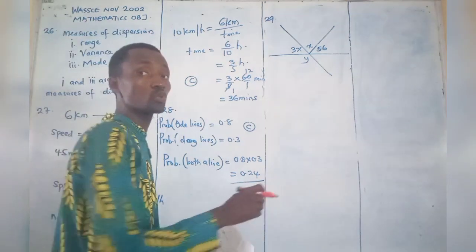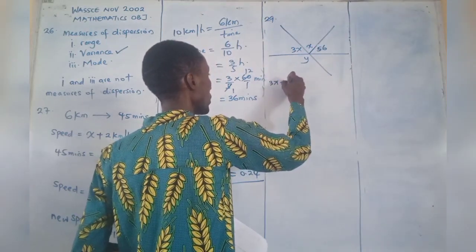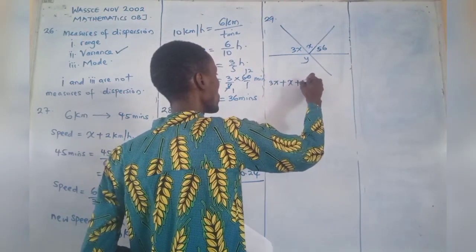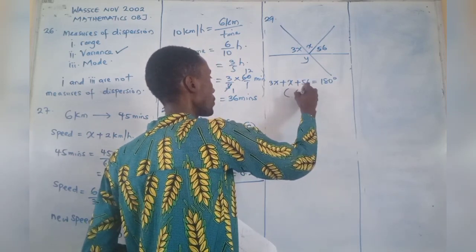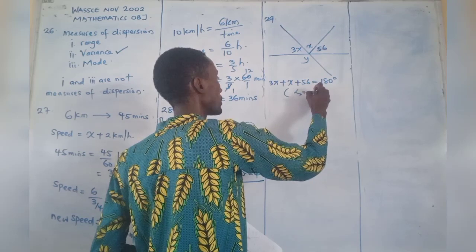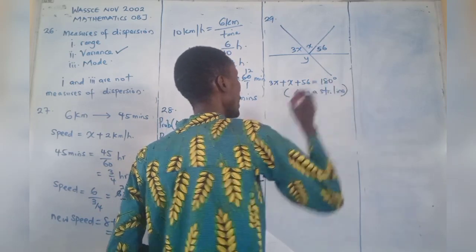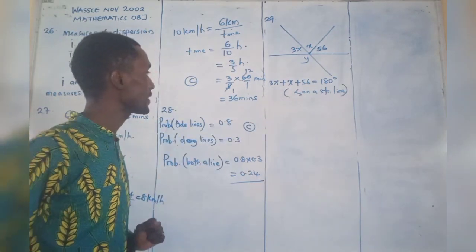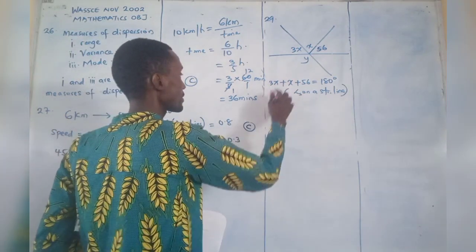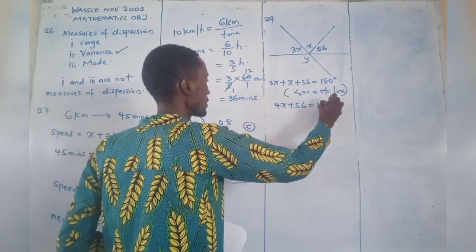Now, the first thing you need to do is look at a straight line. This 3x plus x plus 56 must be equal to 180 degrees. What's the reason for that? Angles on a straight line. The angles on a straight line will sum up to 180 degrees. So this will be 4x plus 56 equal to 180 degrees.